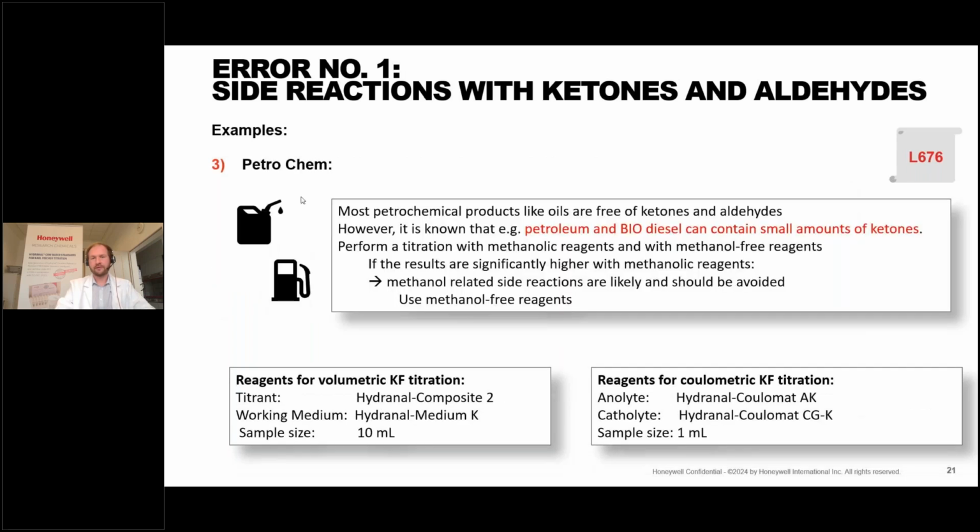For the petrochemical products like oils, they are typically free of ketones and aldehydes. However, it is known that petroleum and biodiesel can contain small amounts of ketones, which provide increased titration results. So if you perform KF titrations of petroleum or biodiesel, then it might be advantageous to check if the titration in methanol-free reagents gives other, and especially more accurate, results.